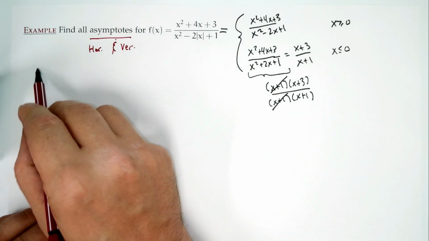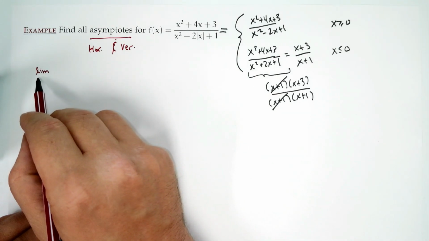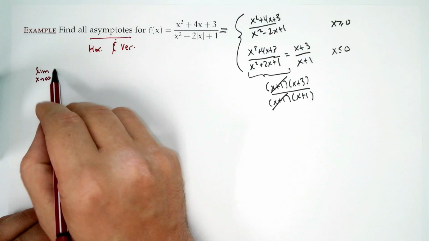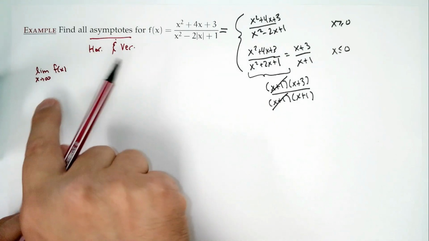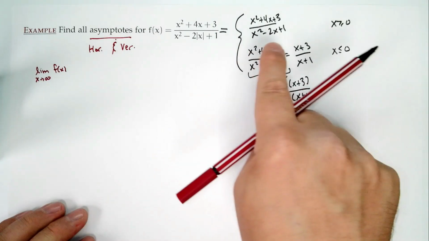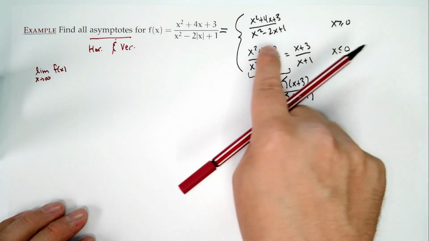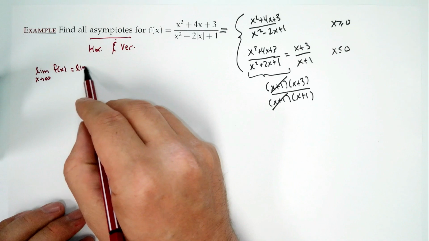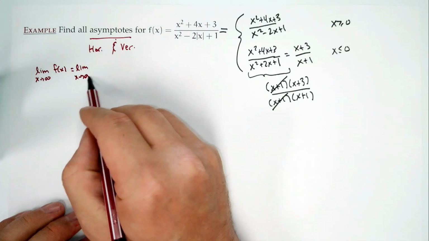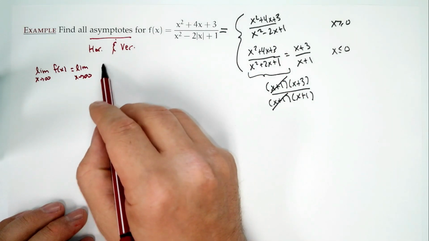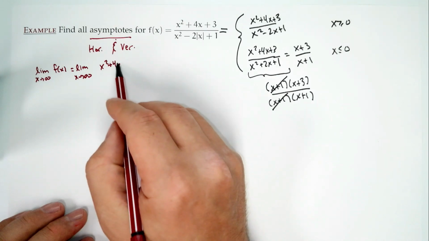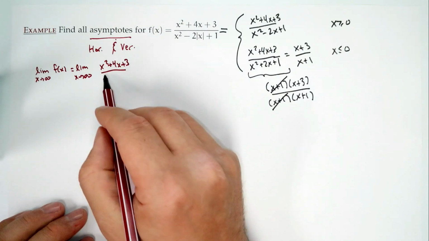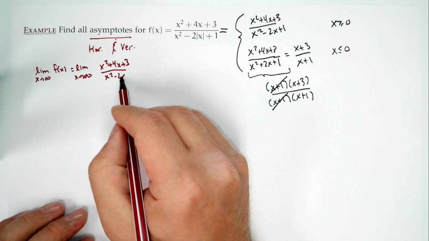So let's look at the limit as x goes to infinity of f of x. Now, since I'm going to positive infinity, I look at the part where I have the greater than or equal to 0. So this becomes the limit as x goes to infinity of x squared plus 4x plus 3 over x squared minus 2x plus 1.